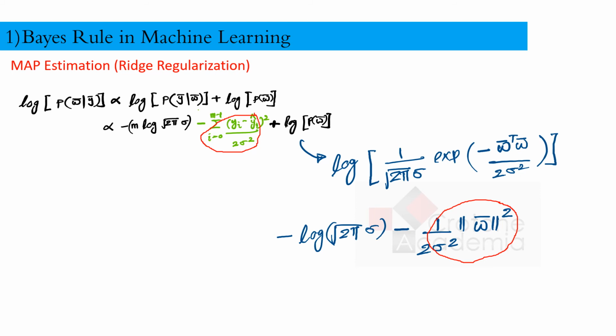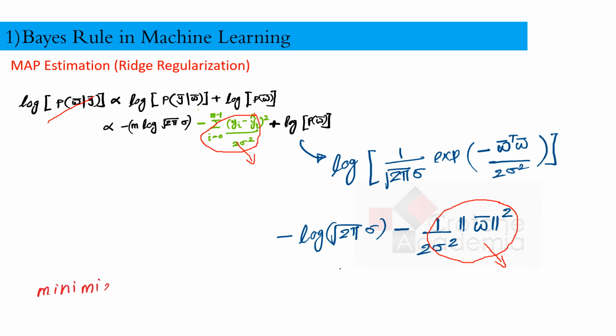Because of that, we can see in order to maximize the log value, as these two terms are negative, we have to reduce these negative terms. If we reduce the negative terms, then the final result will go up, because these terms are not adding anything, they are adding a negative value.